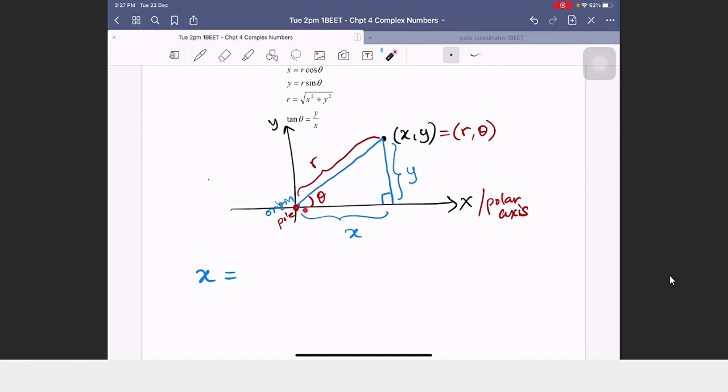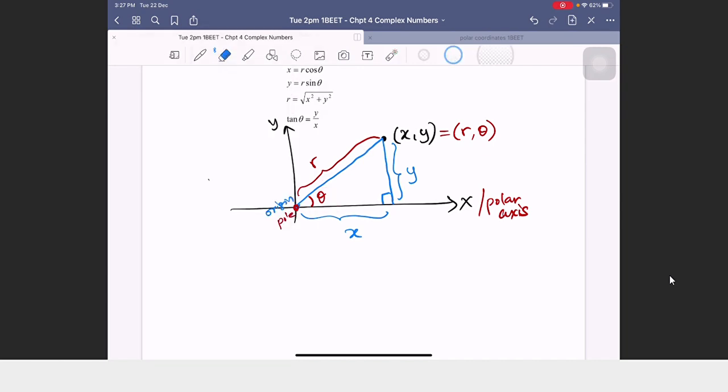You just look at x, r, and theta from this right angle triangle. Remember, in a right angle triangle, this is our adjacent, this is our hypotenuse, this is our angle. So we can define a trigonometric ratio between our x, r, and theta.